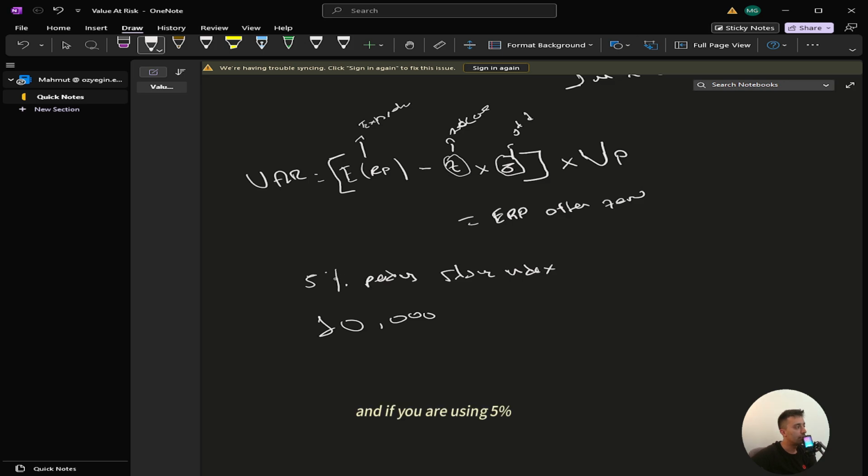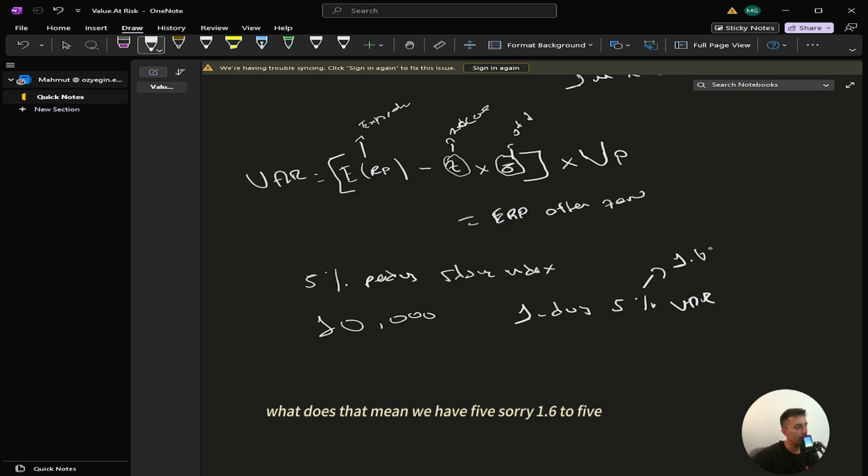And if you are using 5% stock index per day historical standard deviation, and you have invested 1000, and one day 5% value at risk, guys. This is a significance level. What does that mean?